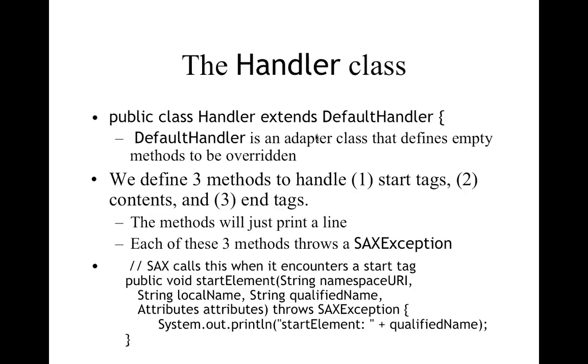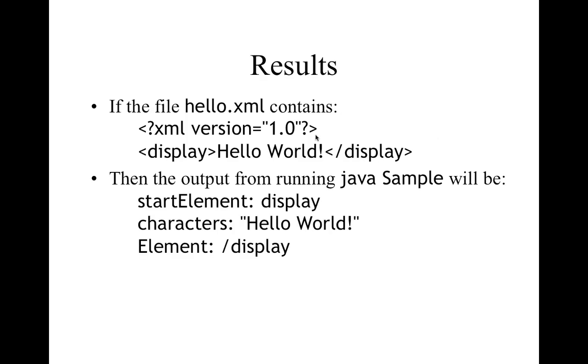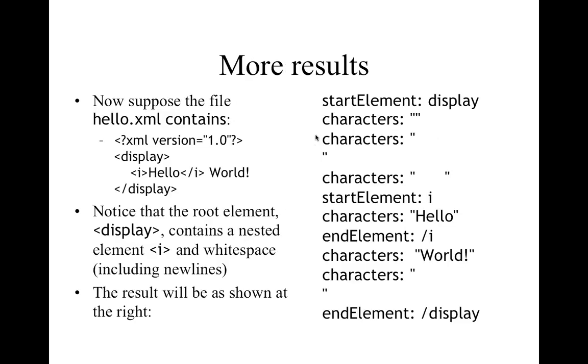Then the handler class extends the default handler, and we'll have three methods that we are going to override. How does the start element behave, and characters? This is what we saw, right? This is one other example in the slides.